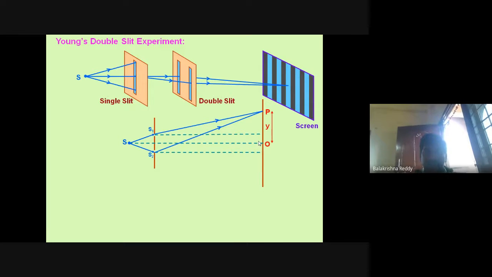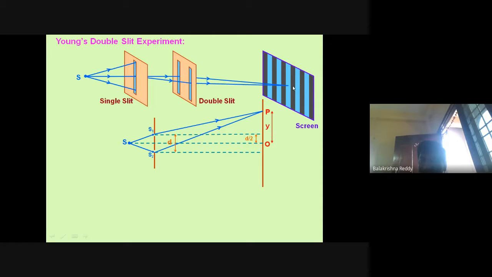Now you can see the straight lines from the two slits which fall on the screen. At the central maxima, you have a complete bright fringe. From the central fringe, if you see the next position, you will have two dark fringes, as you are seeing on the screen.